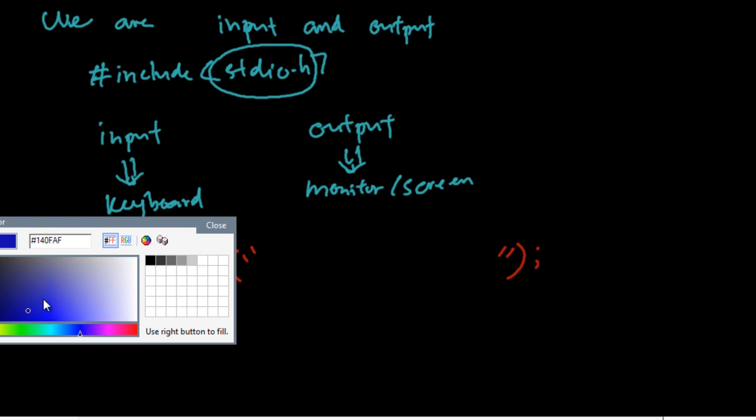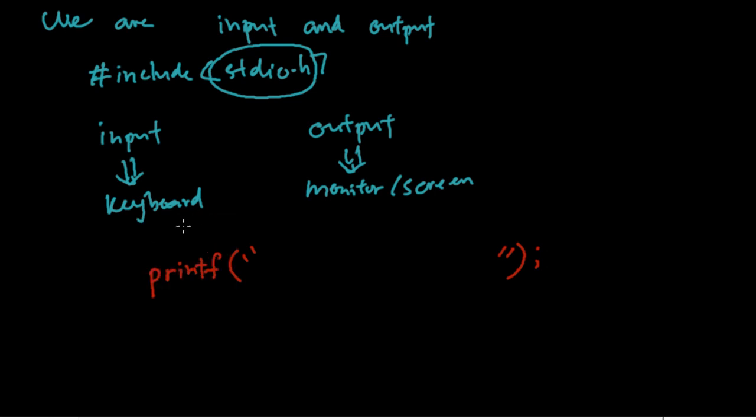Essentially, what I've written here is a printing function, an output function that will put words that you write inside this box onto your screen.